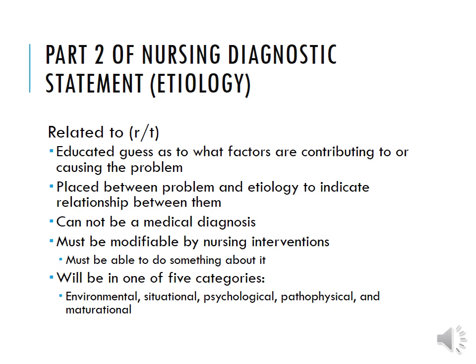Placed between problem and etiology to indicate the relationship between them. It can't be a medical diagnosis, must be modifiable by nursing intervention, you must be able to do something about it, and will be in one of 5 categories such as environmental, situational, psychological, pathophysiological, and maturational.